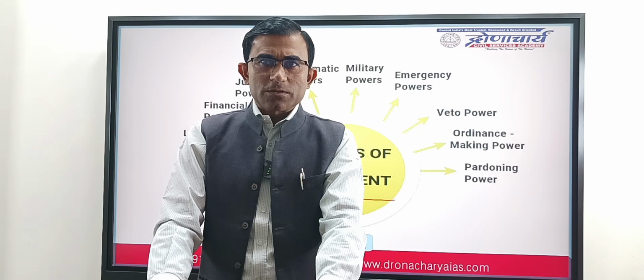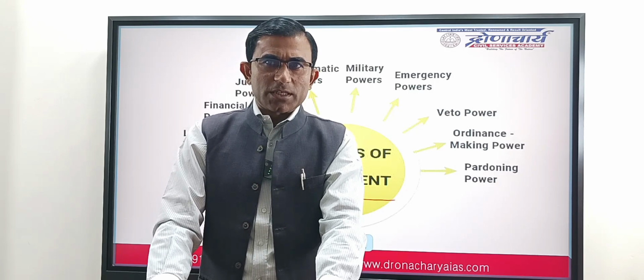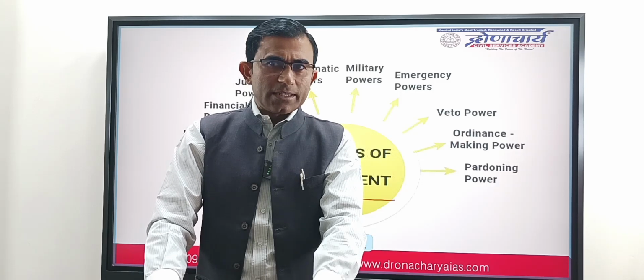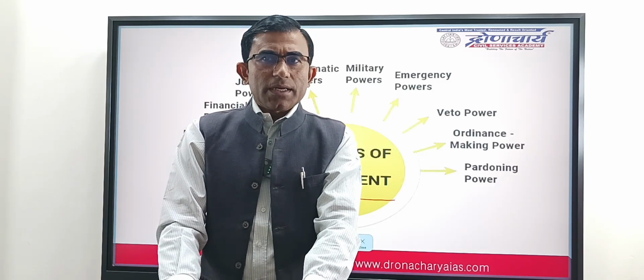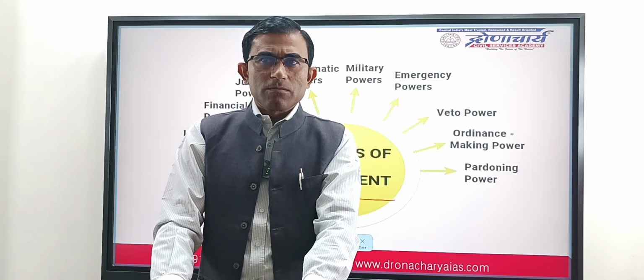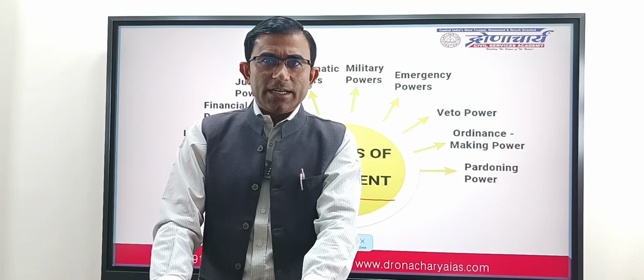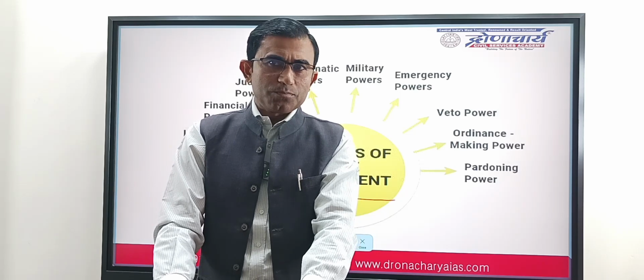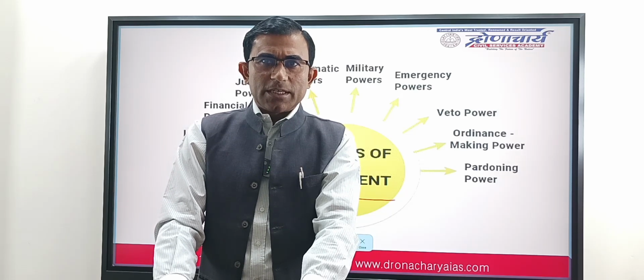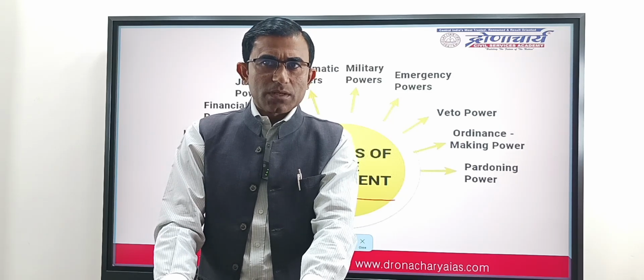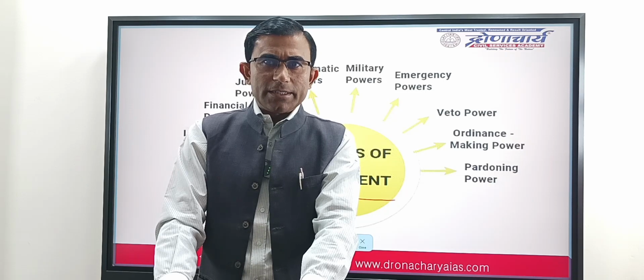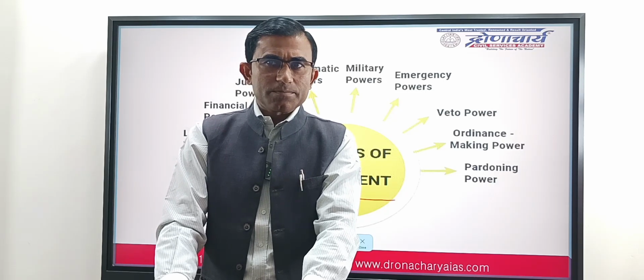He can make rules for the convenient transaction of the business of the Union government under Article 77. He can seek any information from the Prime Minister regarding the administrative affairs and legislative proposals of the Union. He administers the Union territories through administrators appointed by him. He can constitute an Inter-State Council for cooperation between the Centre and the states.